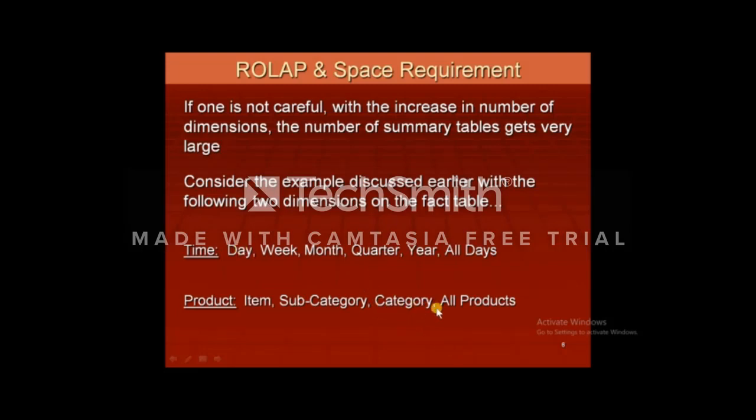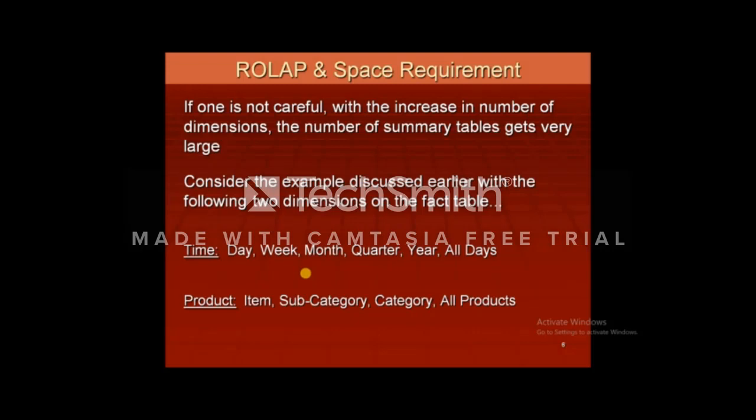Similarly, calculate the sales for all the products in each day. So for day we have 4 summary tables, and similarly for week we will have 4 summary tables according to these 4 hierarchies, and for month we will have also 4. So using these dimensions and their hierarchies, we will have 24 summary tables that we will need to calculate.